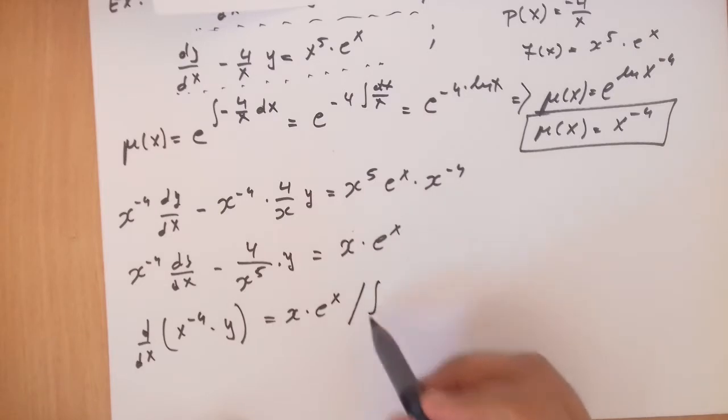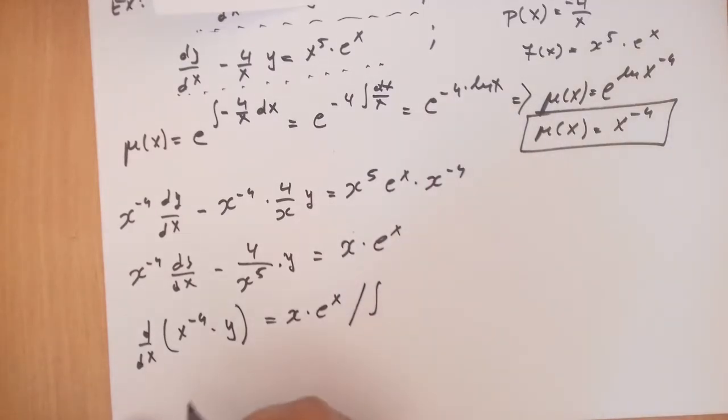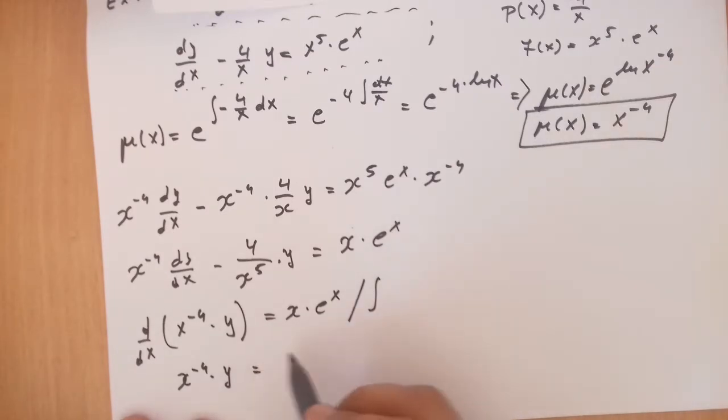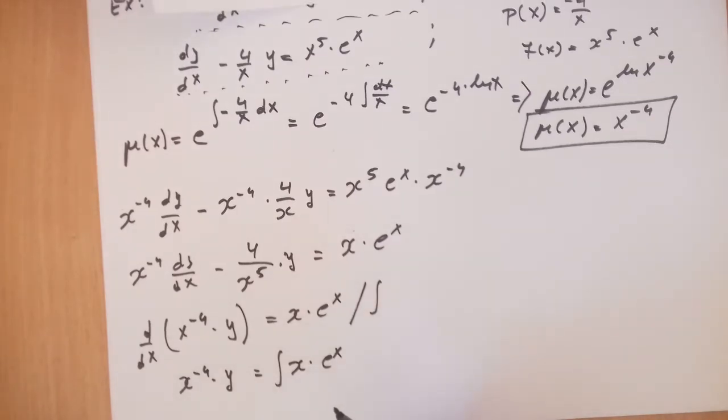So now we integrate both sides, and we have x to the minus 4 times y, integral of x times e to the x. This integral has to be solved by integration by parts.